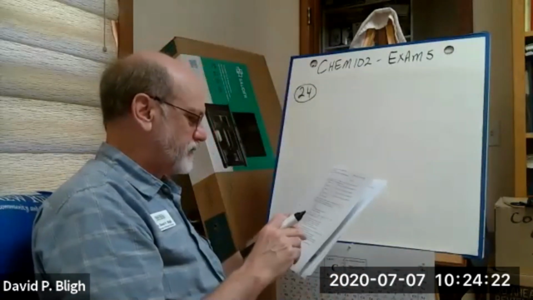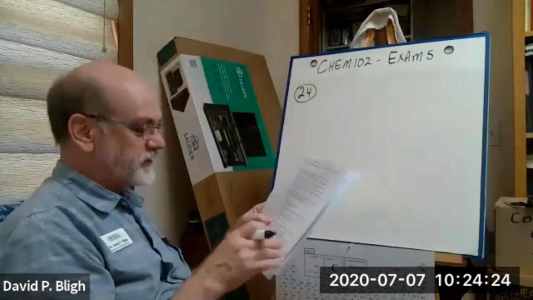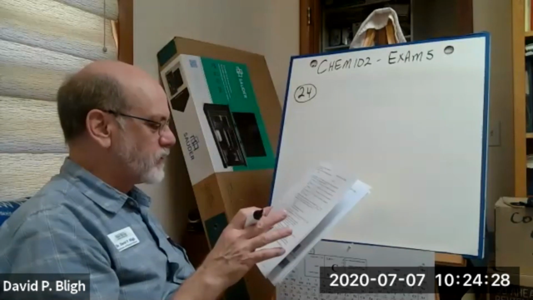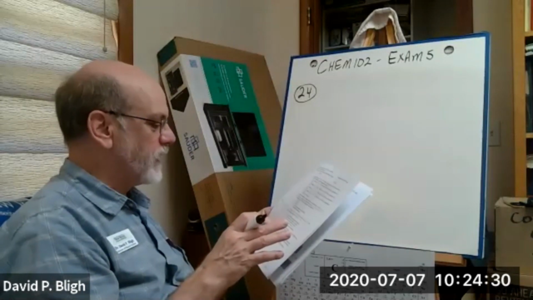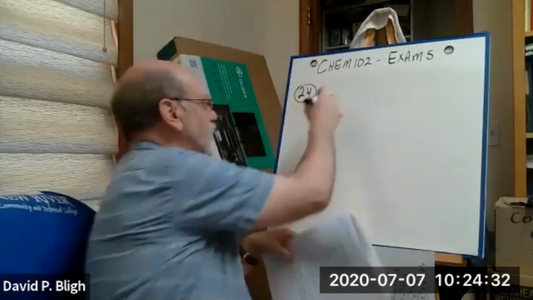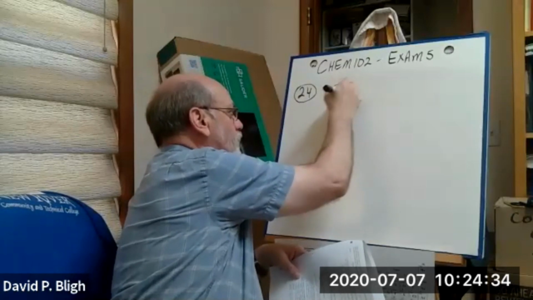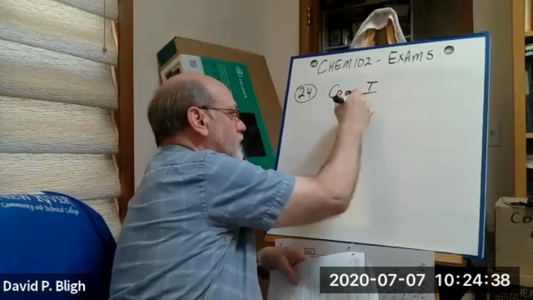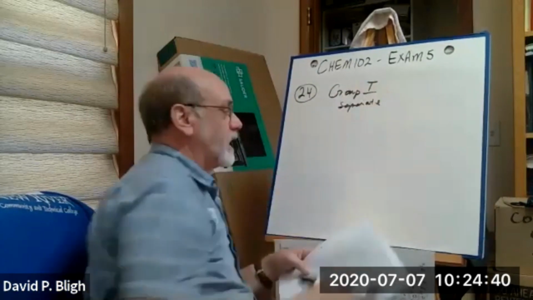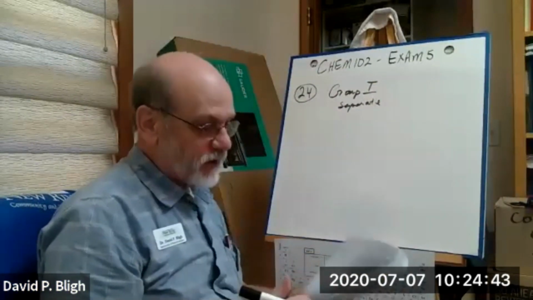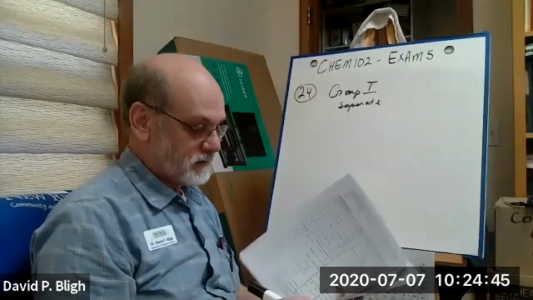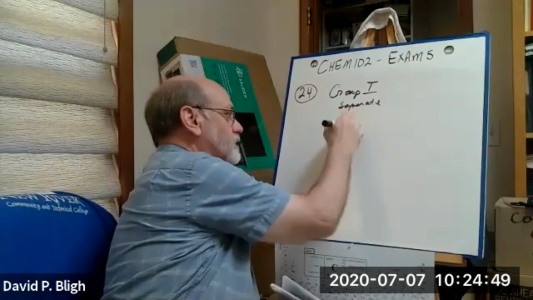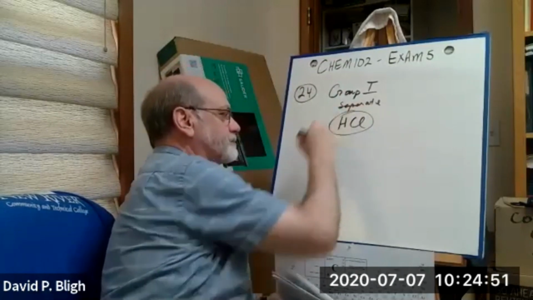And in the qualitative analysis scheme that's given in that table, how are the analytical group 1 cations separated from others? So you want group 1 separated. Right. So that's at the very beginning, isn't it? Right. So how do you separate group 1s? Well, you acidify the solution.